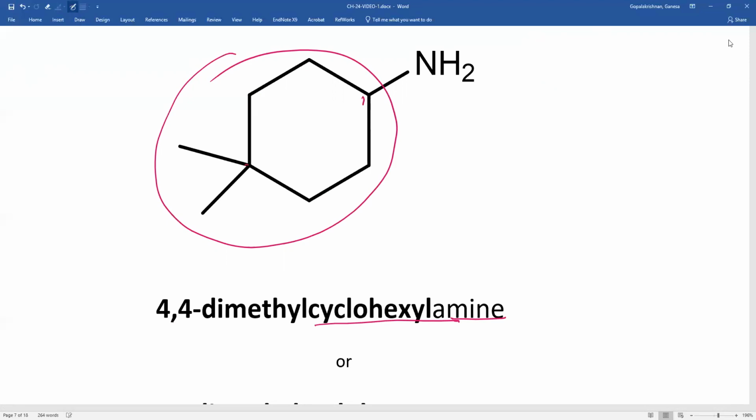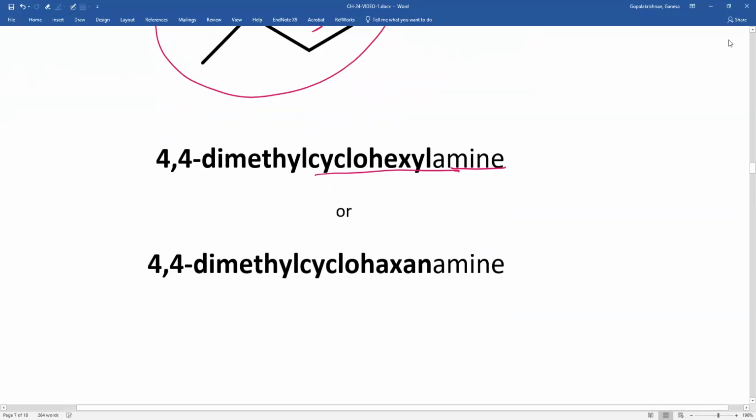This is carbon 1, 2, 3, 4, 5, 6, 4,4-dimethylcyclohexylamine. If you name that ring as an alkane, it's cyclohexane. I replace the E with amine, cyclohexanamine, and then again 4,4-dimethyl.